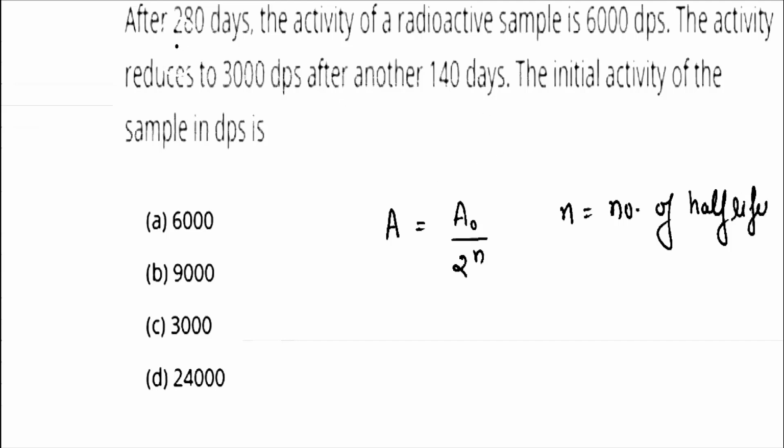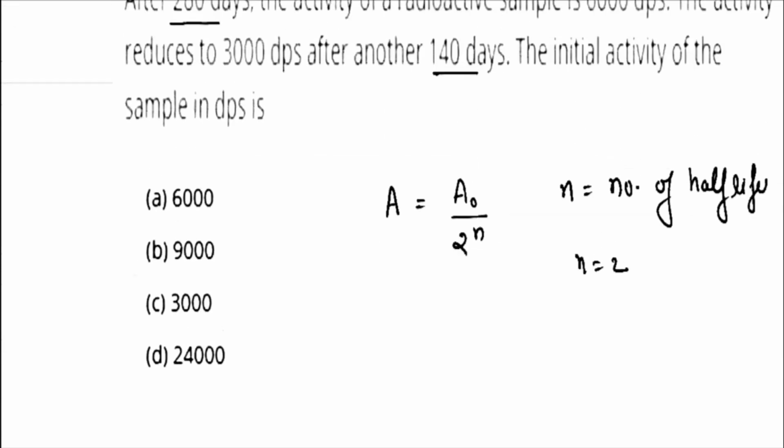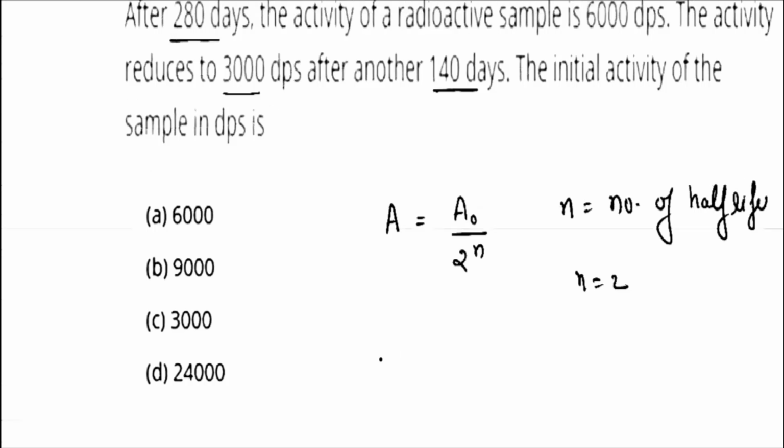So here it is said that after 280 days and half-life is this. So the number of half-lives will be equal to 2. Right. So I'll say here, after 2 half-lives, I will write 6,000 is the activity and the number of half-lives is 2.